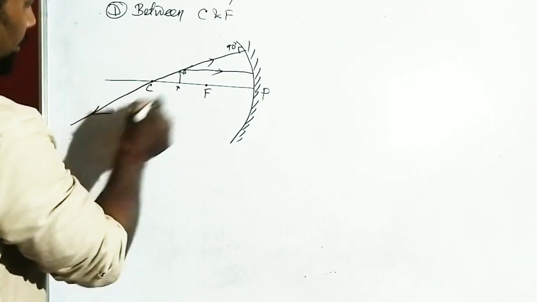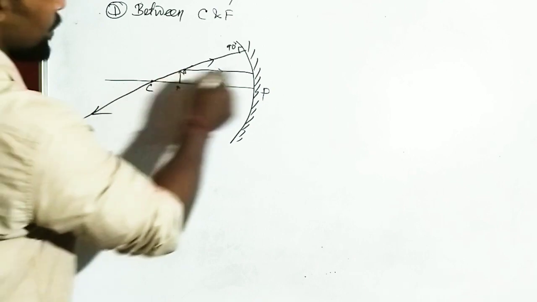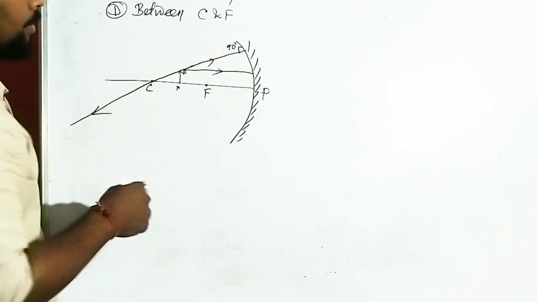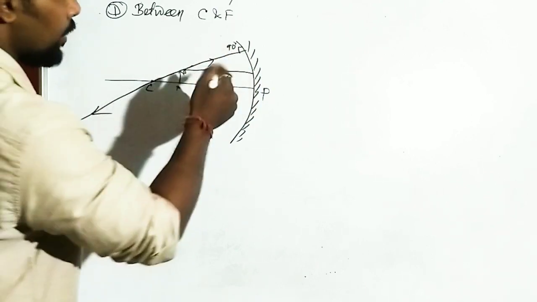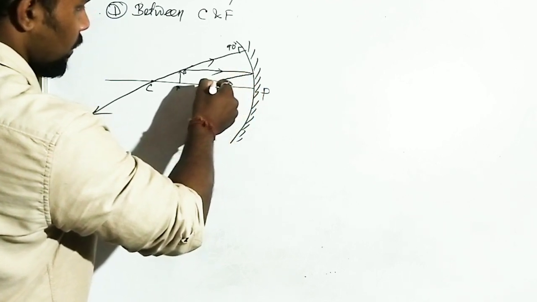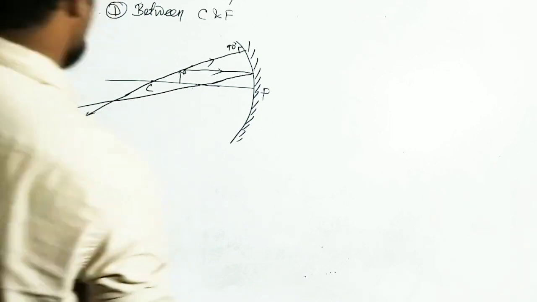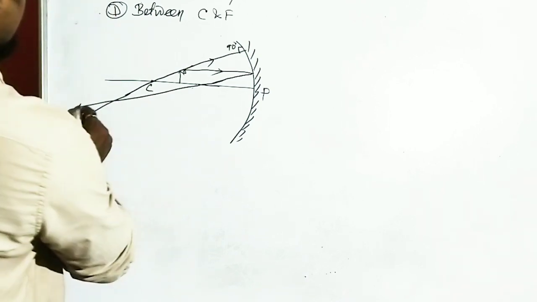This is going to be the reflected ray. Again, this ray is incident obliquely on the reflecting surface. That means it makes a certain angle, and with that angle it is reflected back through the focus. That ray is going to meet at this point.